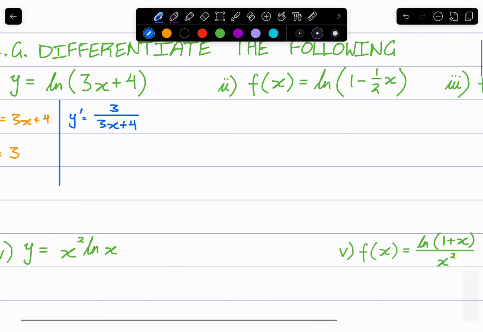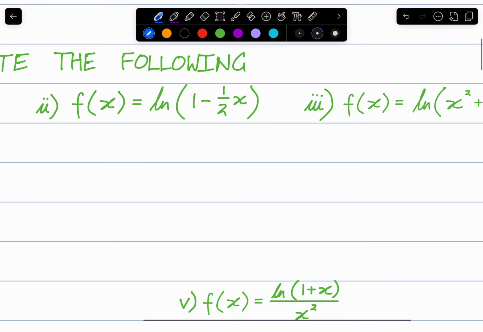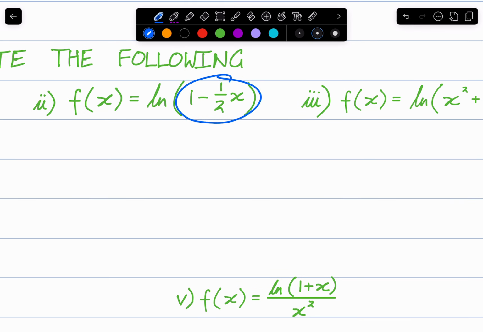All right, so let's keep going here. Now, for this one, you can simplify later or simplify in the beginning. Simply because I know later on we're going to have to simplify the fraction, I'm going to combine this. So this is going to be ln. Now remember, this half x can be written as minus x on 2.